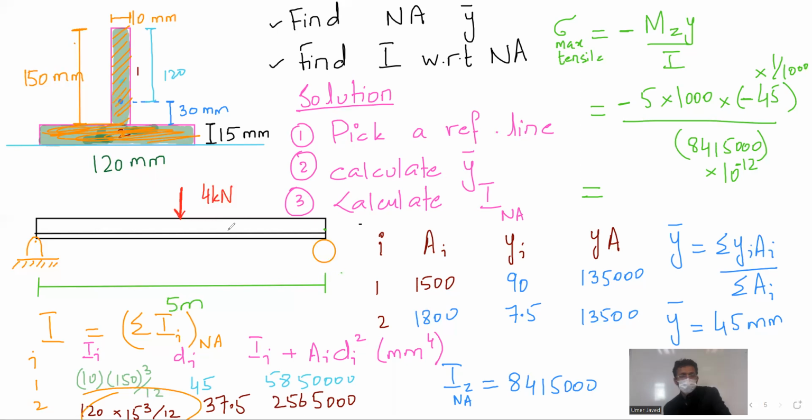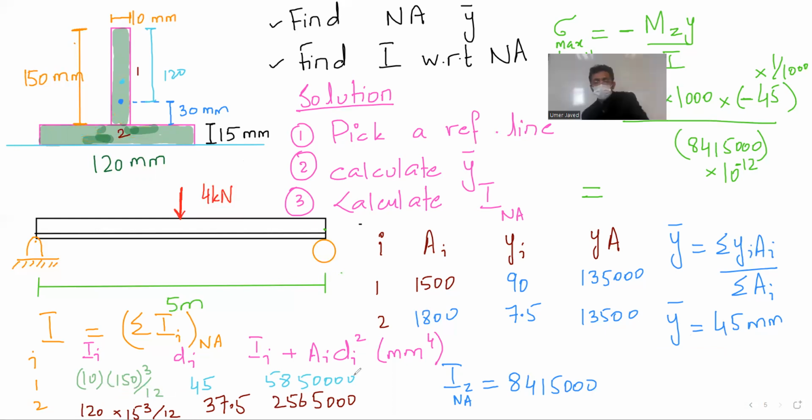Yes. How we did the calculation, I_z NA equals, so million. I added both these chunks together, the moment of inertia of the first chunk with the second chunk, and I got this.